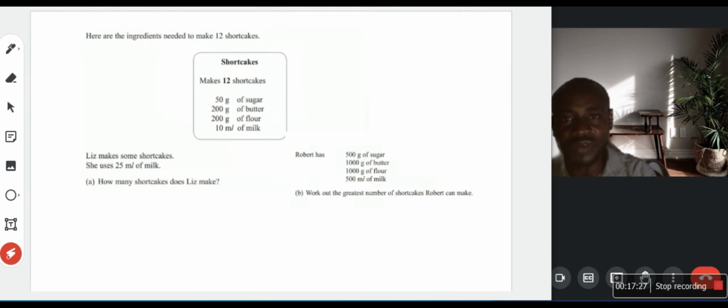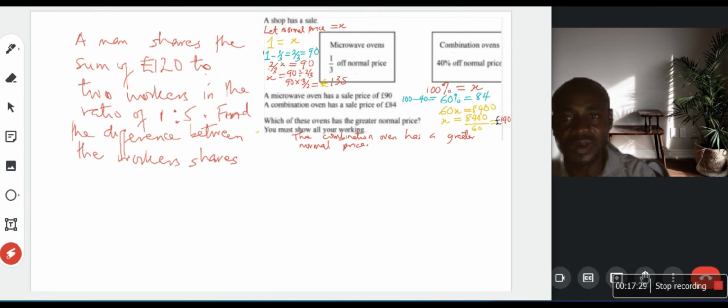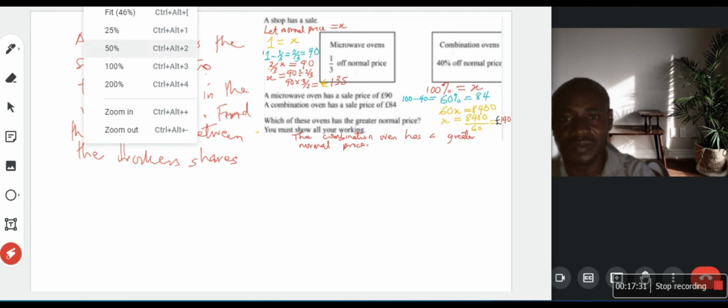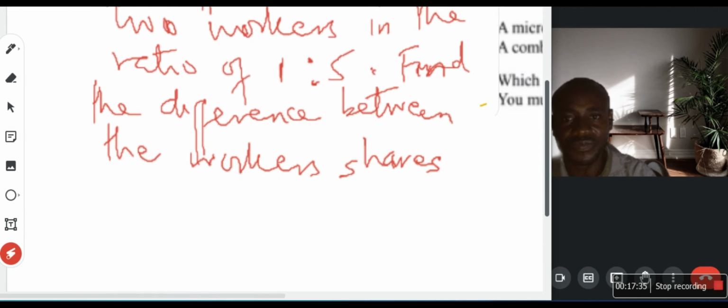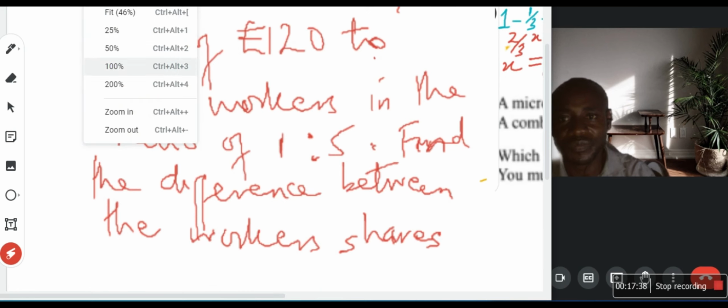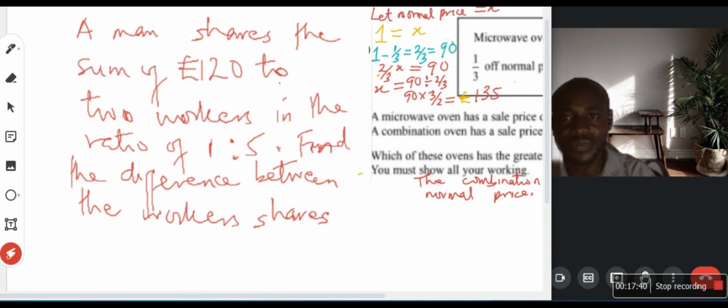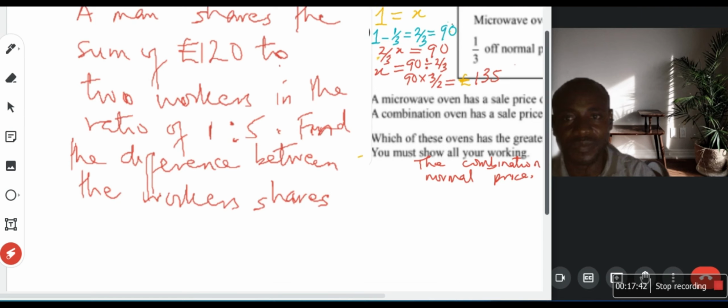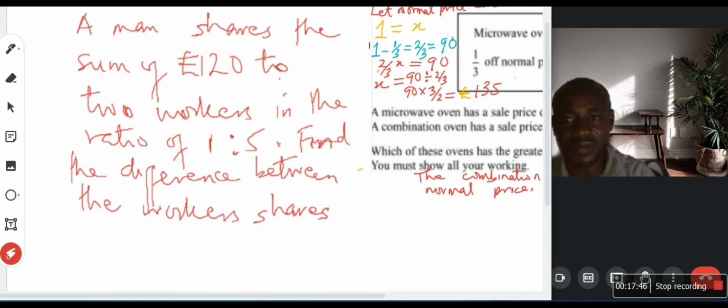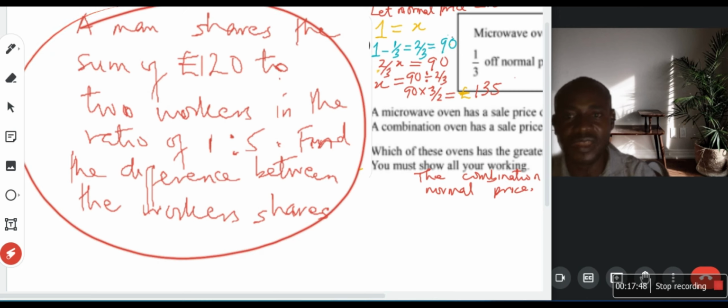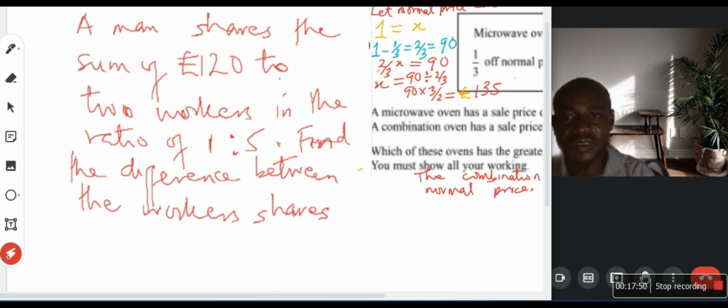I think I should have another question on ratio. Okay, let's see this. It says a man shares the sum of 120 pounds to 2 workers in the ratio 1:5.